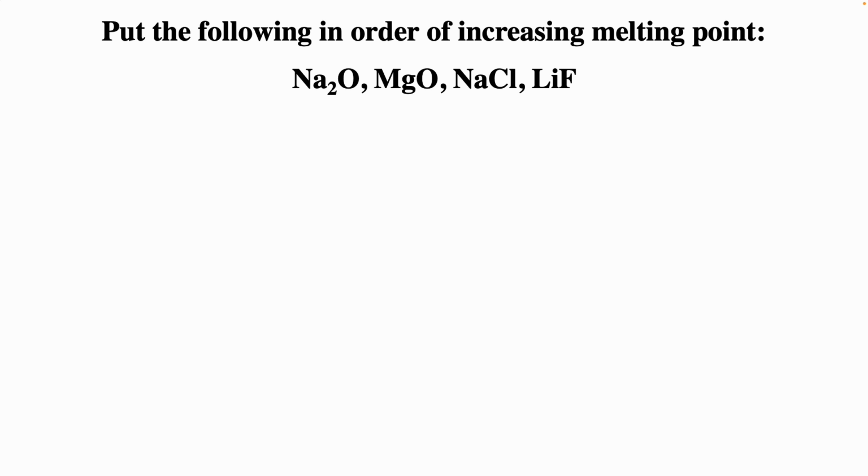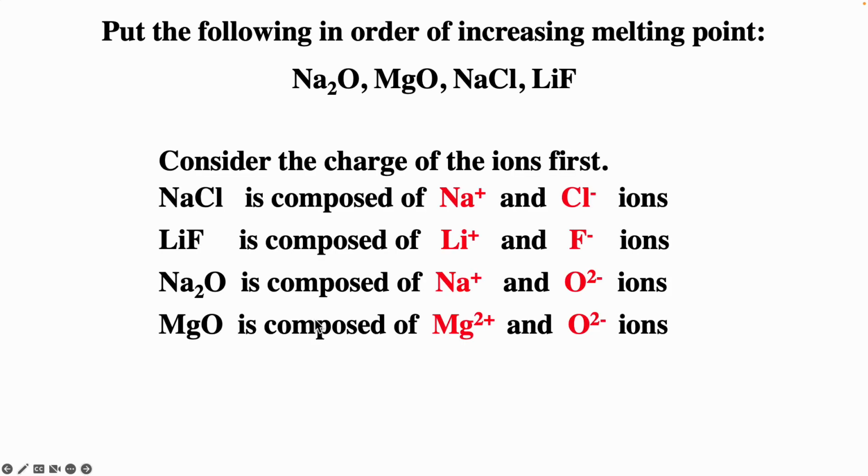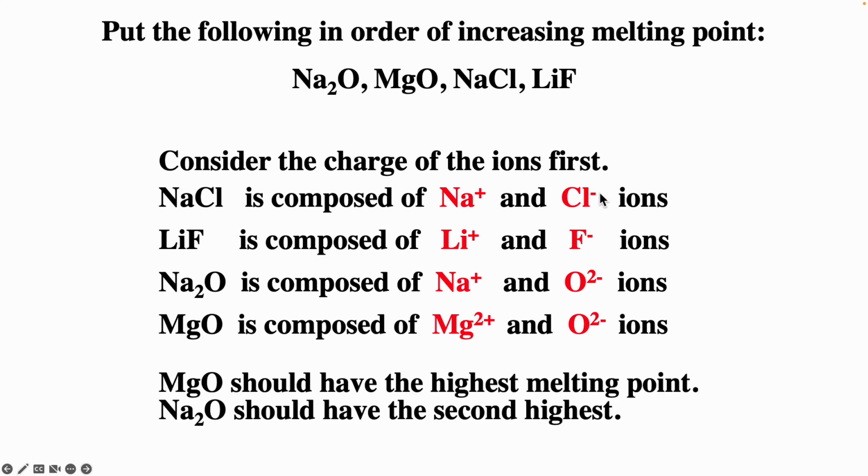The first thing you do is look at the charges. Sodium chloride is composed of +1, -1, lithium fluoride +1, -1, sodium oxide +1, -2, magnesium oxide +2, -2. That tells us immediately that magnesium oxide must have the highest melting point. Lithium fluoride and sodium chloride have the lowest. And so based on charges, we get that.